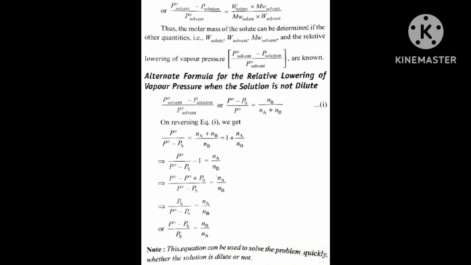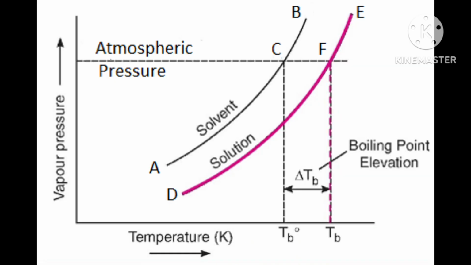But here, for the solute X2, you should write N2, the number of moles of solute. 2 is for solute, so N2 divided by N1 plus N2. Then you will get (P1 naught minus P1) divided by P1 naught, that is called X2, and X2 is equal to N2 divided by N1 plus N2.